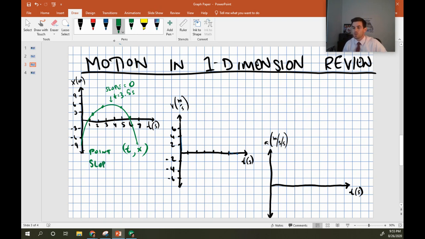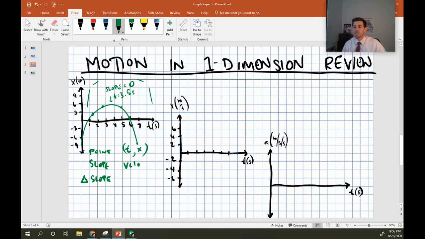The slope, once again, gives us the velocity. And then the change in slope actually gives us a little bit more information. If we have something where the slope is going from steep to less steep, or less steep to steeper negative, the way that this is, that would tell us that we have a negative acceleration because we're going from very positive to less positive to now negative and to more negative.